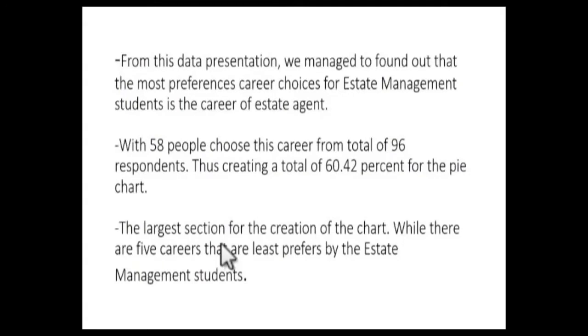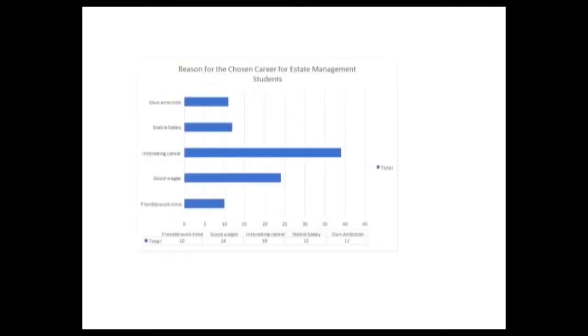It is the largest section of the chart, while there are 5 careers that are least preferred by estate management students. The next data presentation is from the column chart on the reasons for the chosen career.